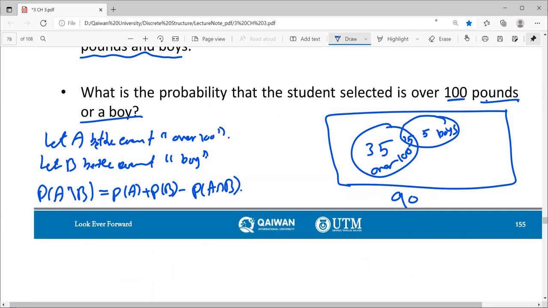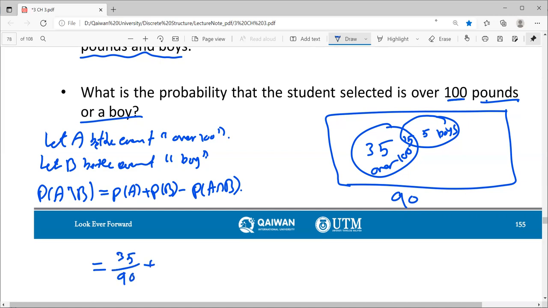What's the probability of over 100? 35 over 90. If you see the word probability, you must divide by the total number. The total number of students is 90, so it's 35 over 90.